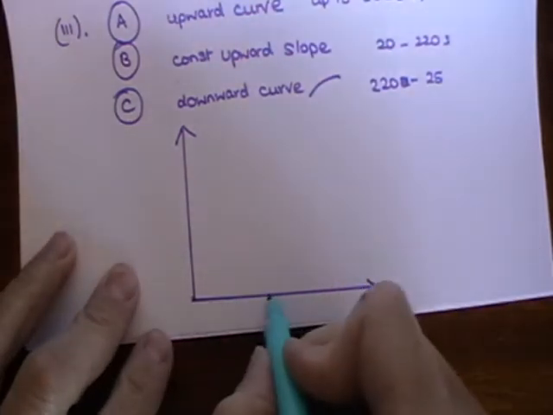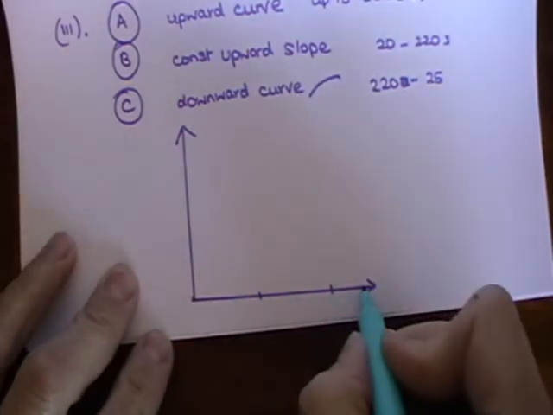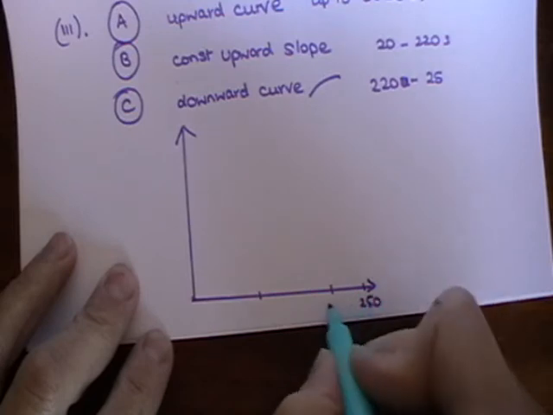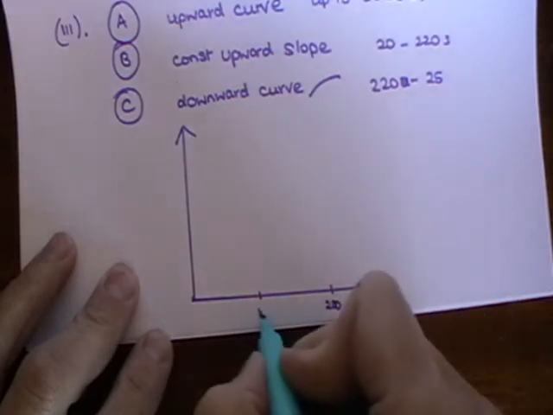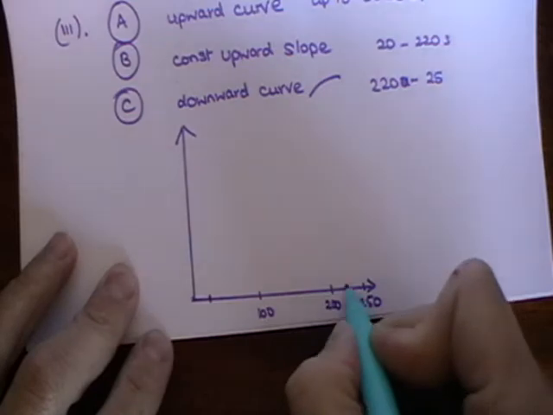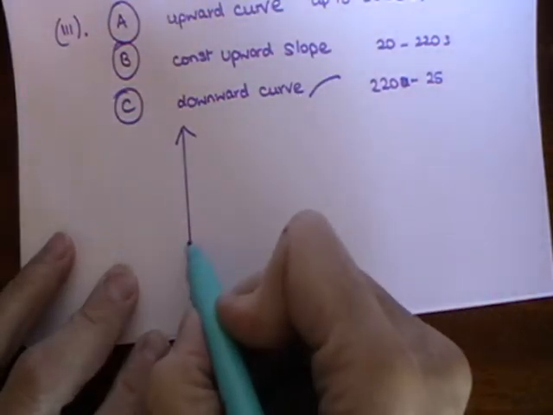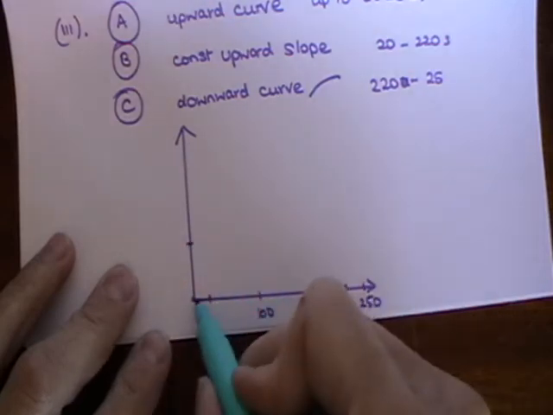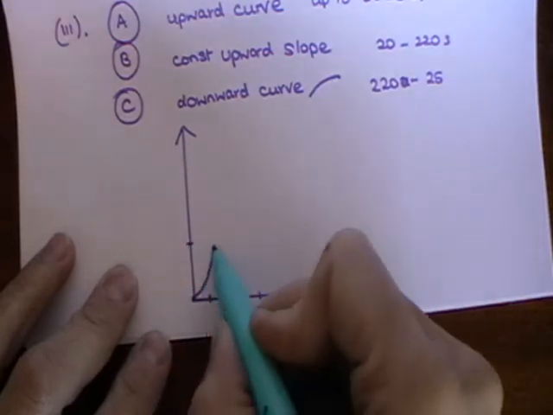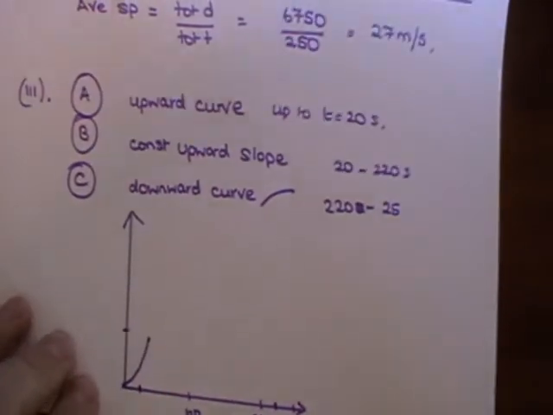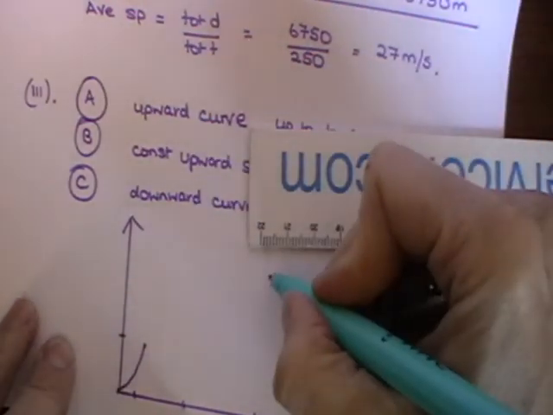So again, there's 100, 250. And there's our 20, and there's our 220. And so the first part, part A, is just an upward slope like that. Part B then is up to 220 there.